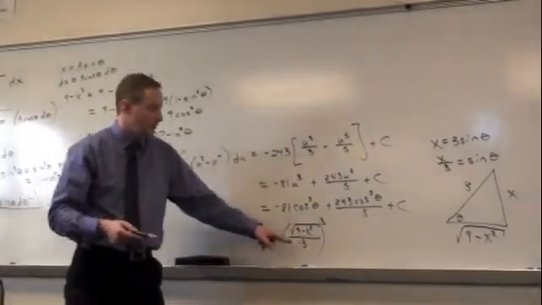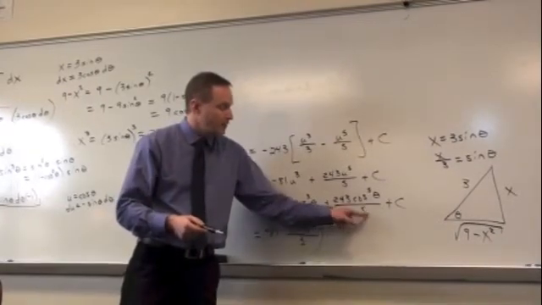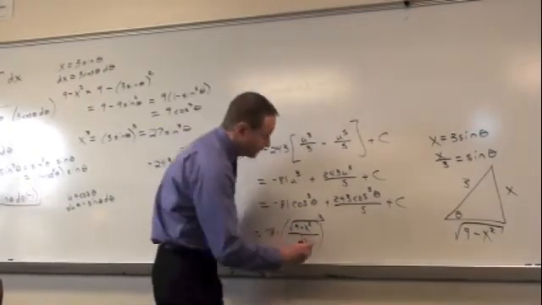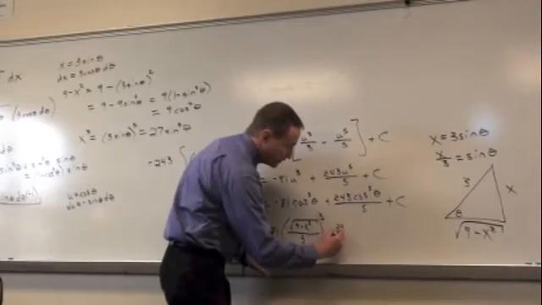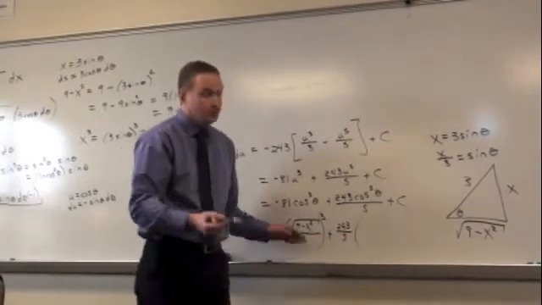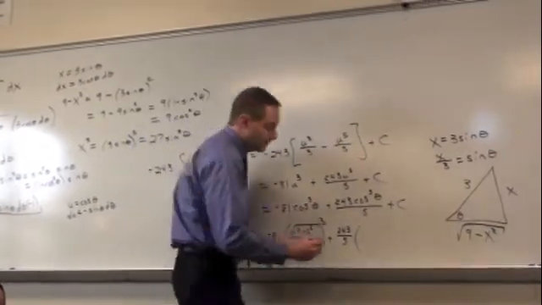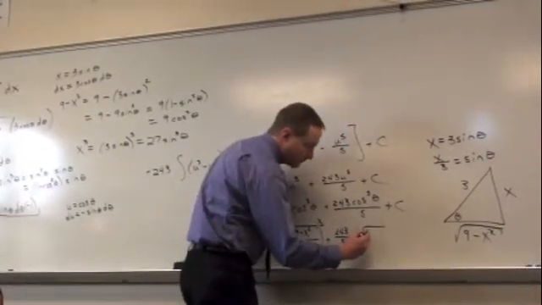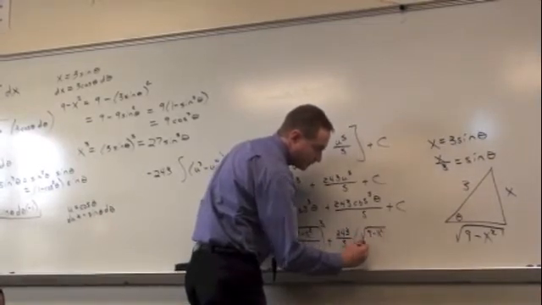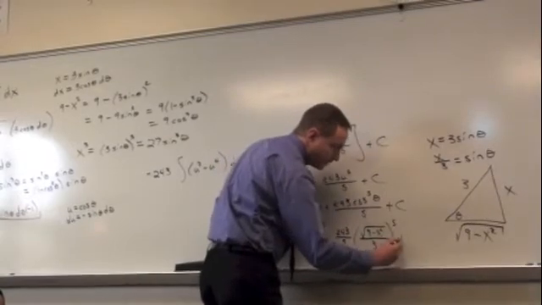Yes, we will. Plus the next term here. I'm going to go ahead and say this is 243 over 5 out in front times the cosine of theta to the 5th. Well, that's just the square root of 9 minus x squared over 3 raised to the 5th.